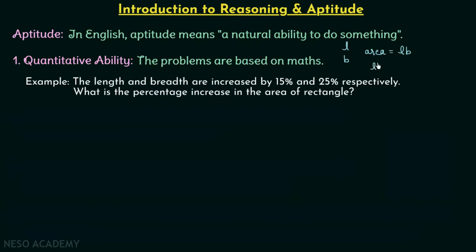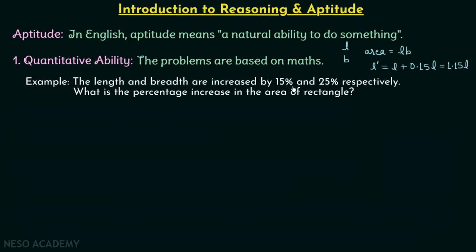So the new length, let's say L prime, will be equal to the initial length L plus 15% increment in the initial length, that would be 0.15 L. So from here we have L prime, the new length, equal to 1.15 times initial length L.